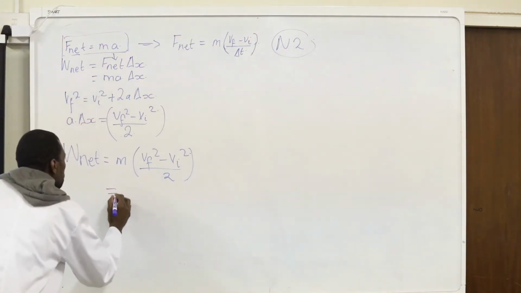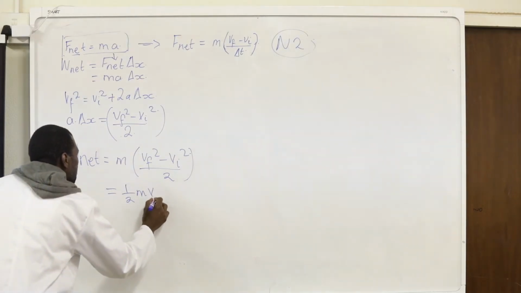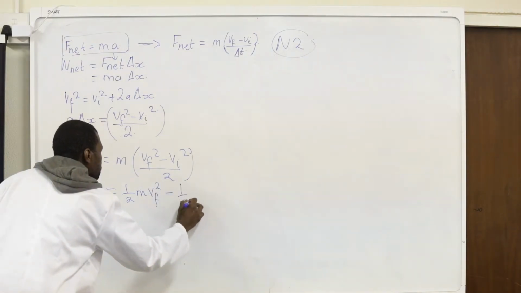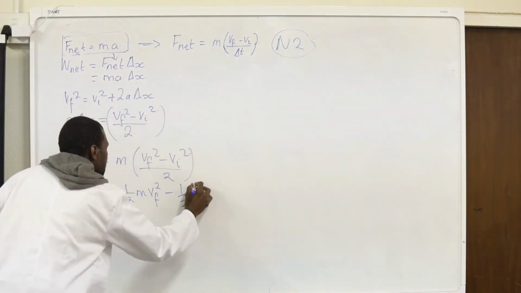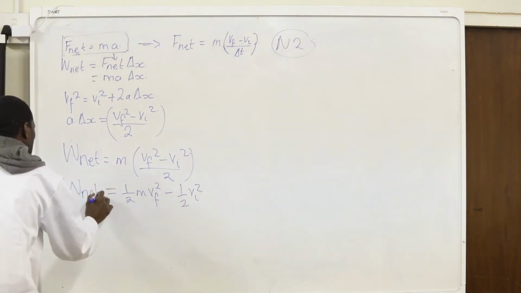We can follow by saying half of mass multiplied by Vf squared minus half mass multiplied by Vi squared gives us the value of the net work.